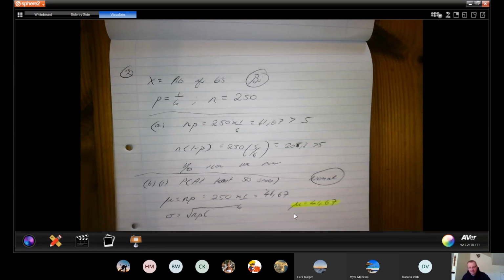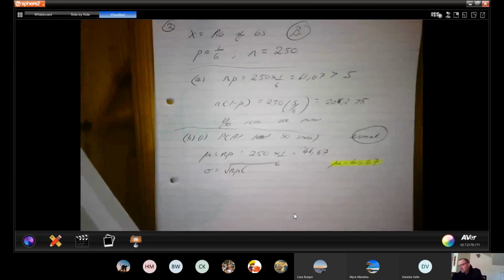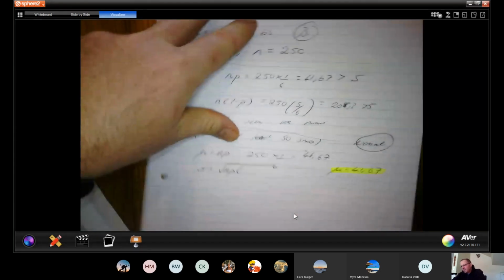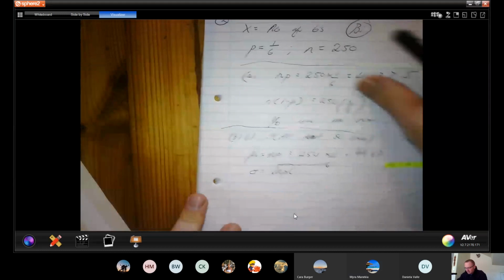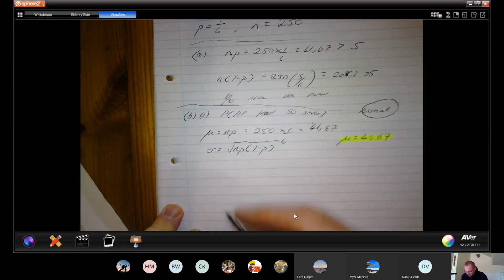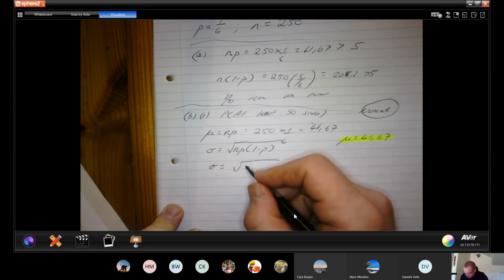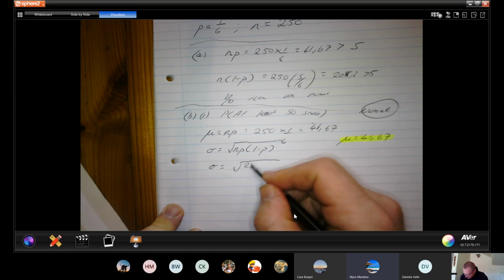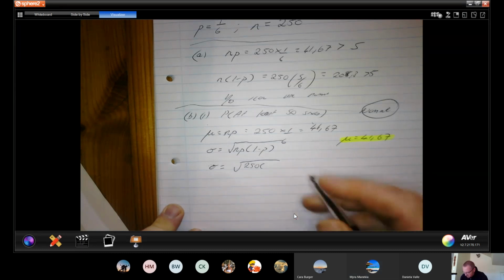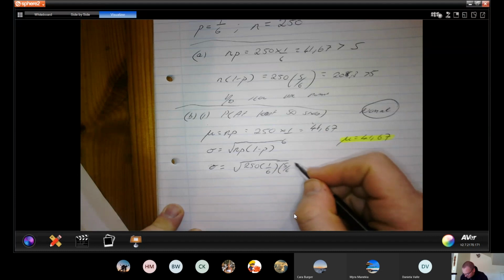I think sigma is equal to the square root of NP times 1 minus P. N is equal to 250, so it's going to be 250 times P, which was 1 over 6, times 1 minus P, which is 5 over 6.